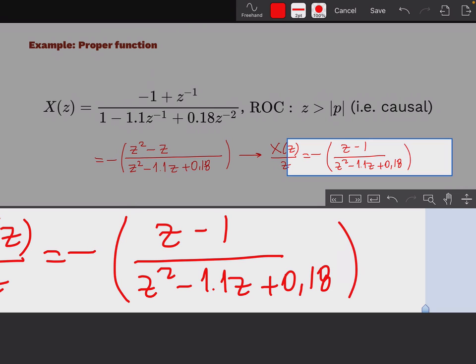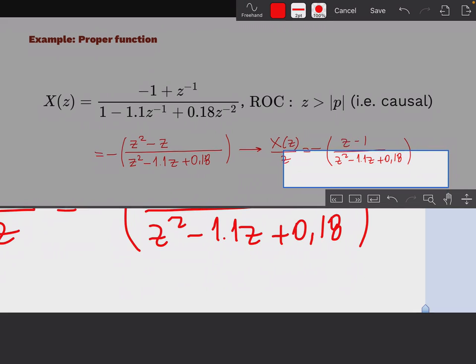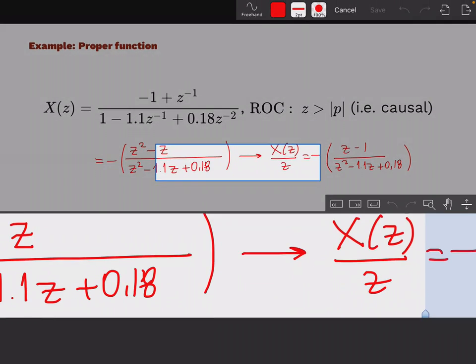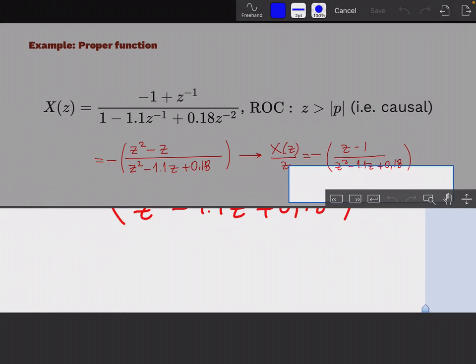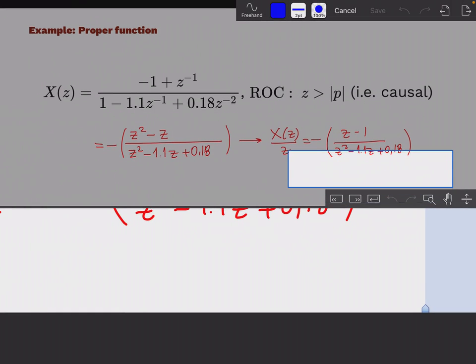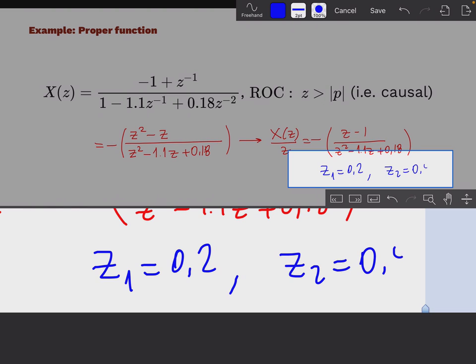We first need to find the roots of the denominator polynomial in order to express our expression in terms of simpler z transforms. So the roots of this denominator polynomial can be easily shown to be, again by using high school maths if you like, z1 equals 0.2 and z2 equals 0.9.